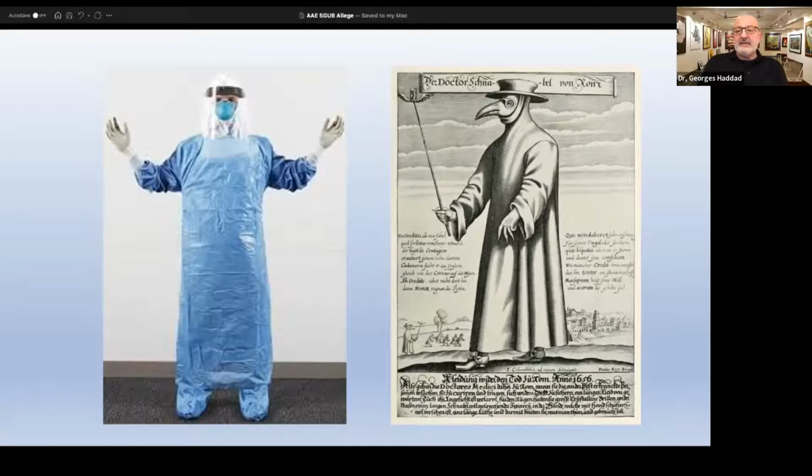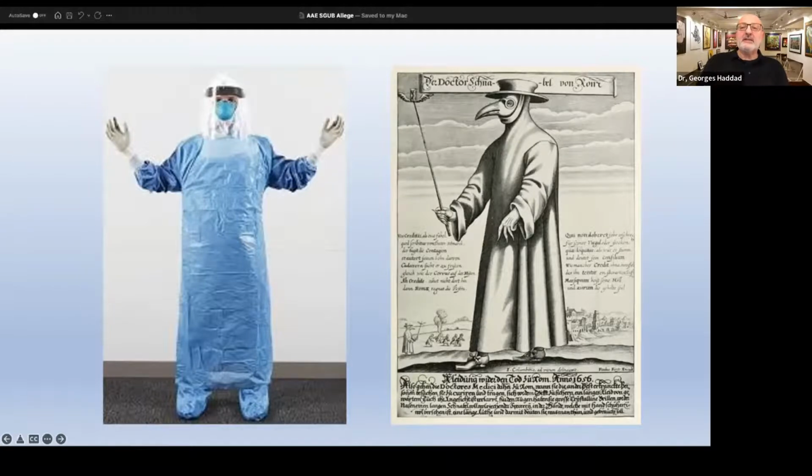And you can see that he has gloves that are sewn to the complete cover. He has boots that are sewn in, and he has covered all his face. He even has eyeglasses here.